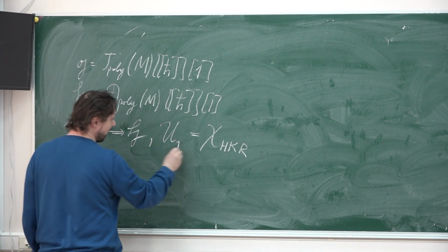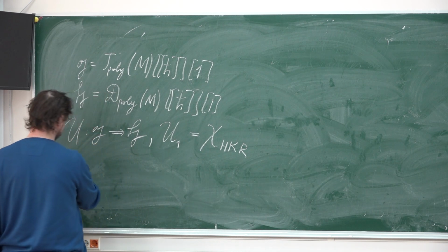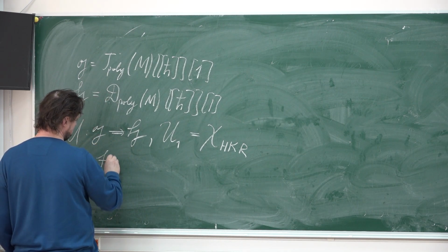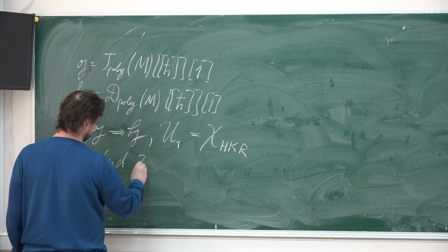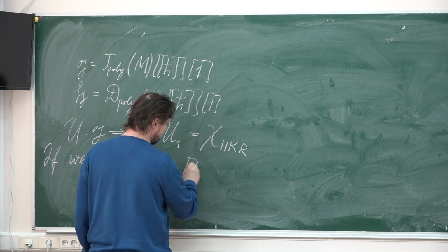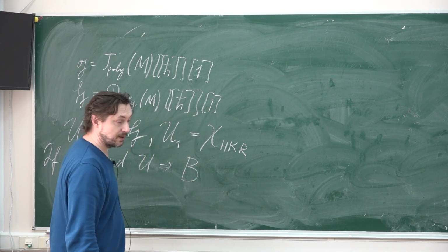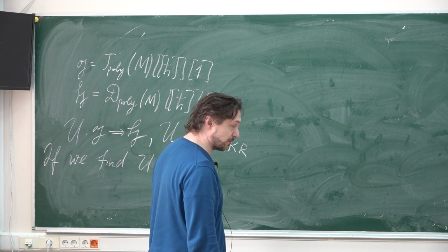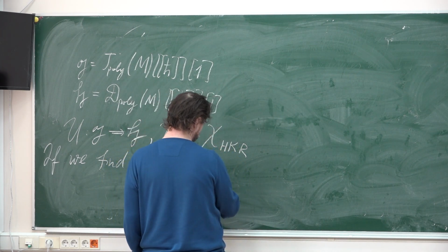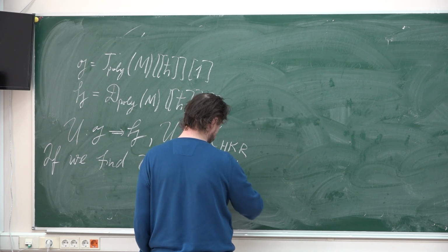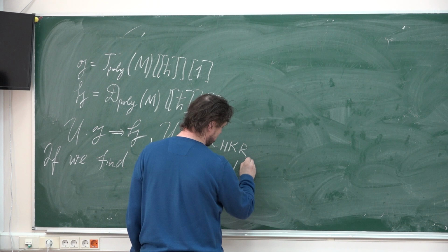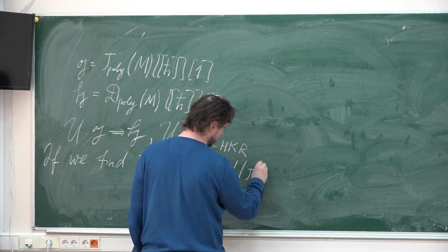So suppose we can find such U. If we find U of this form, then we can define the star product on M by taking the Maurer-Cartan element B equal to U of pi.